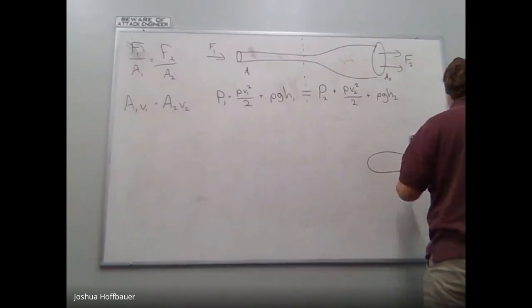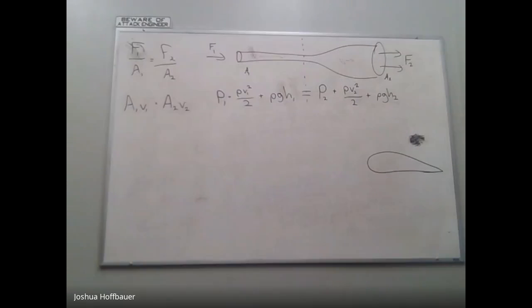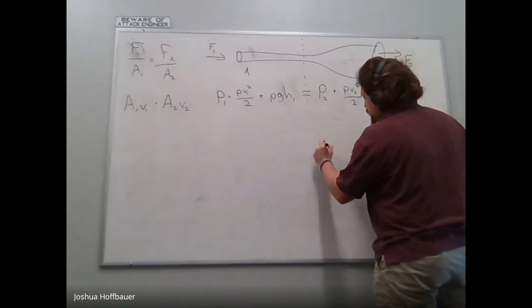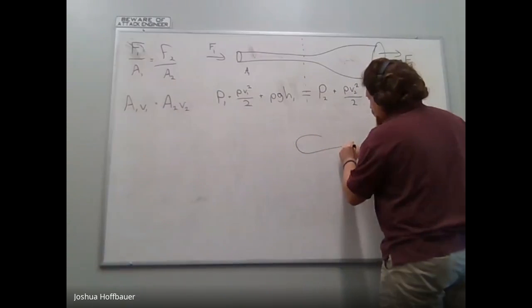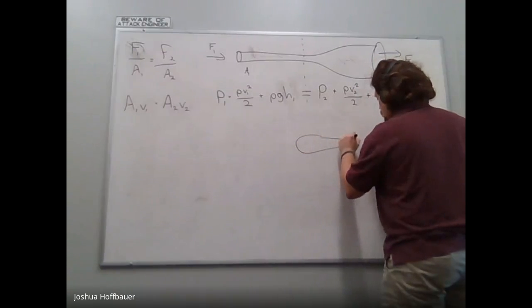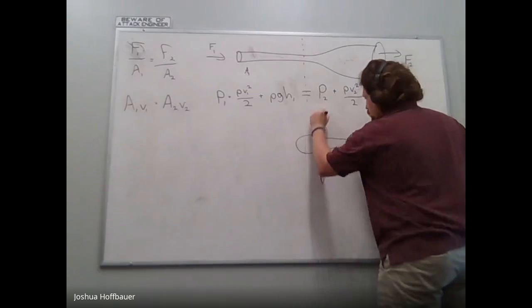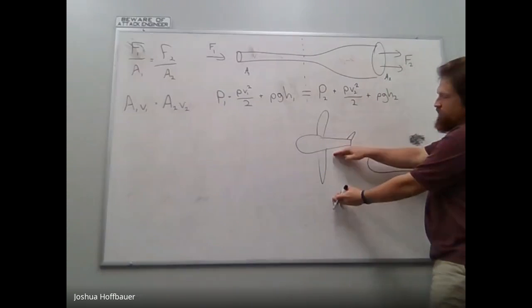Now, this picture is a wing from the side view. Obviously, if you were looking down from the top of the plane, if this was the plane from a top view, you'd see the entire length of the wing.